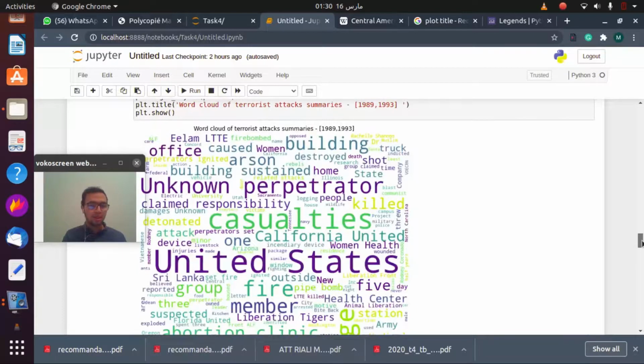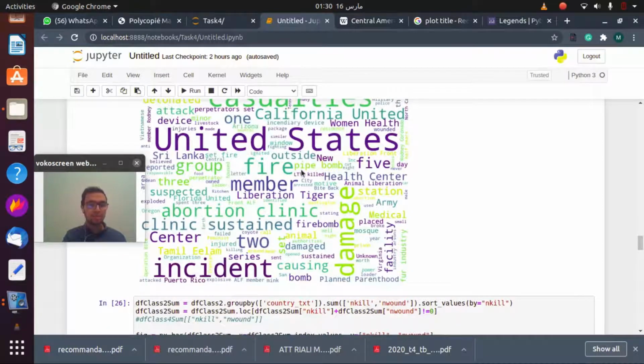And here we have the same thing: member, United States, damage, incident, Sri Lanka, and the Tamil Tigers, etc. United Liberation of California is a movement of liberation and independence of California.